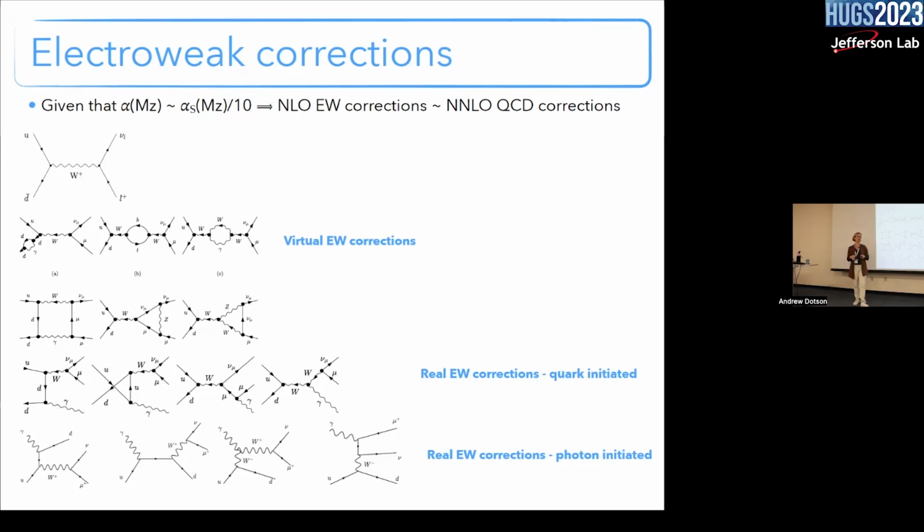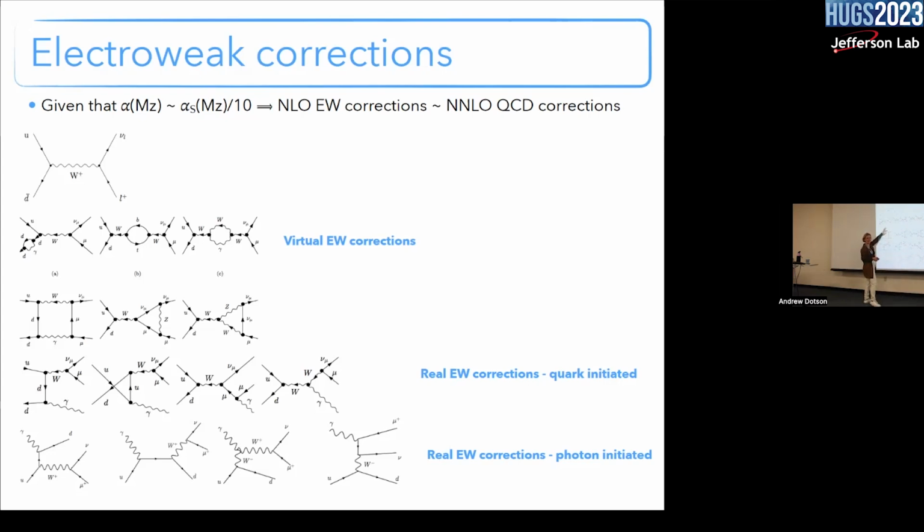So this is something which is not done yet in all PDF fits. So it's yet another frontier. Because we are seeking precision, we really need to include also these terms, which complicate the theoretical prediction that you have to put in a PDF fit. Whenever you consider electroweak corrections, you have virtual diagrams that involve W and photon or Z. So you have lots more diagrams.